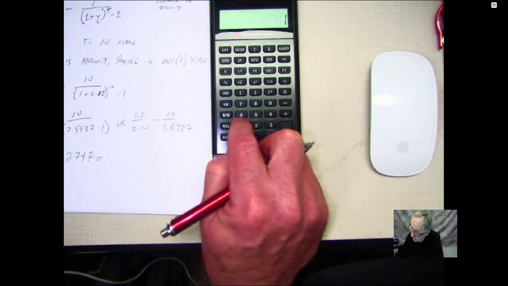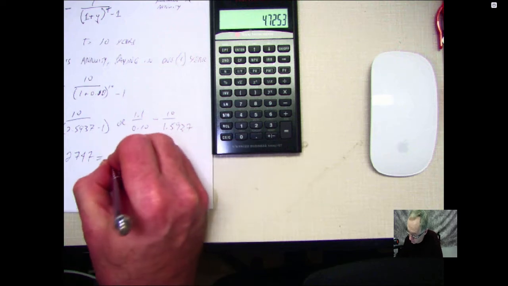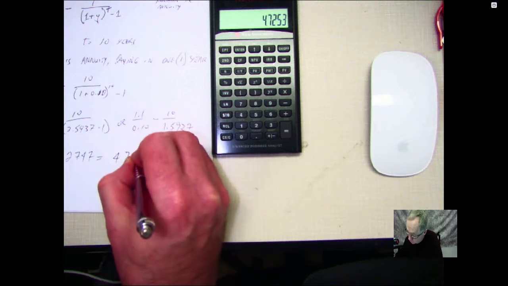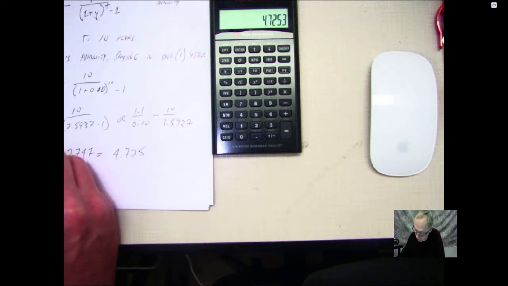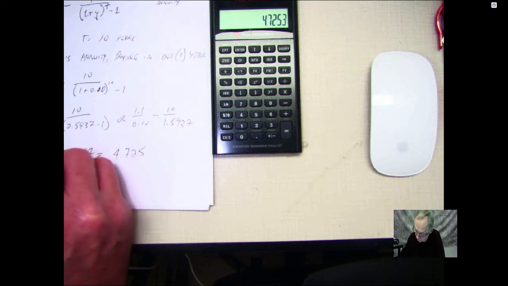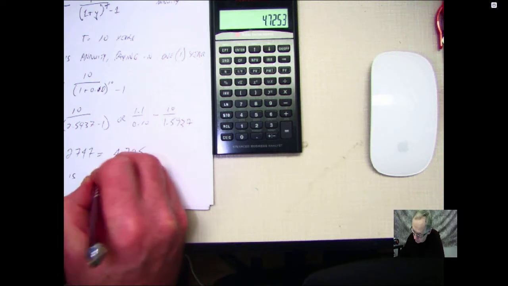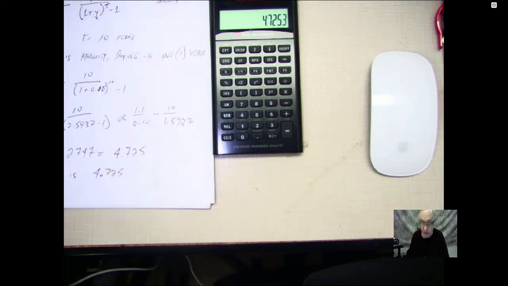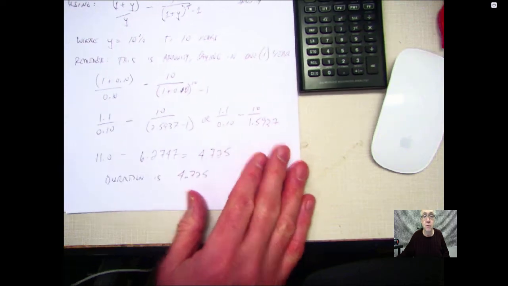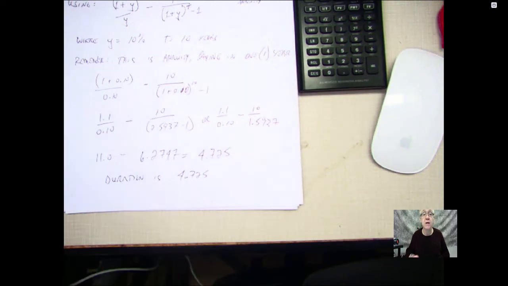Convert that to negative, add 11, is 4.725 periods. Okay. So what this gives us is the duration of the annuity is 4.725. And as I wrote down earlier, this would be an annuity payable in 1 year's time.